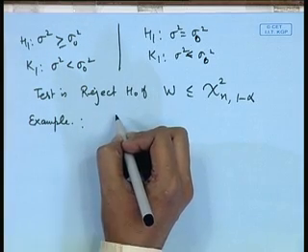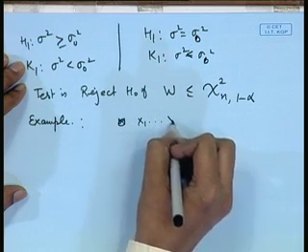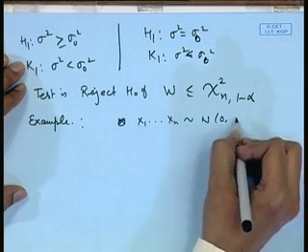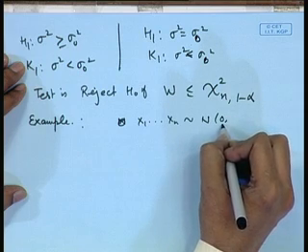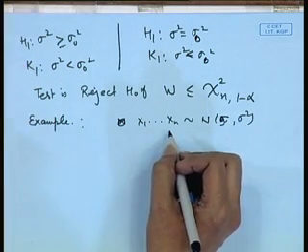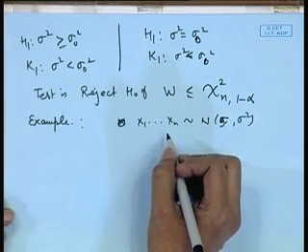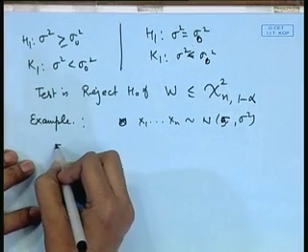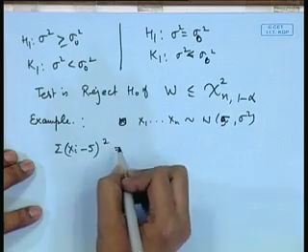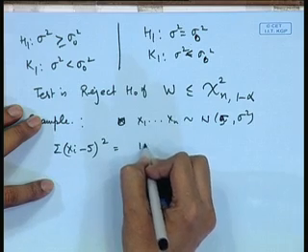Suppose we are considering x1, x2, ..., xn following normal with mean 5 and variance sigma square, and we are observing sum of (xi minus 5) square is equal to, say, 10.